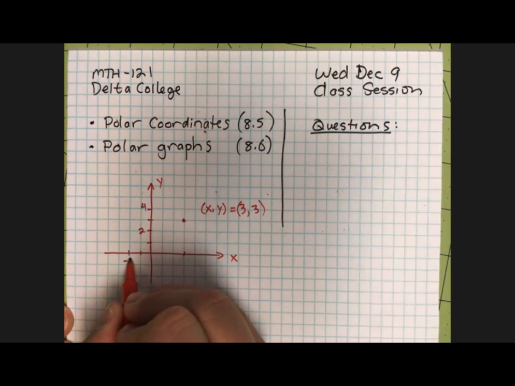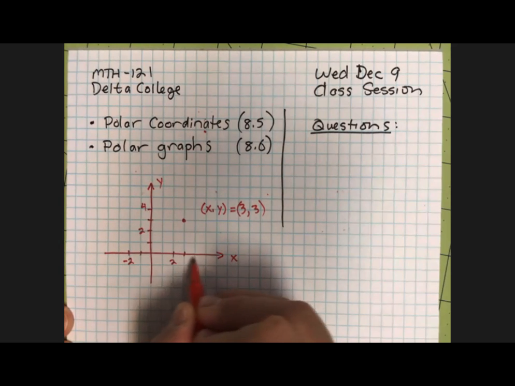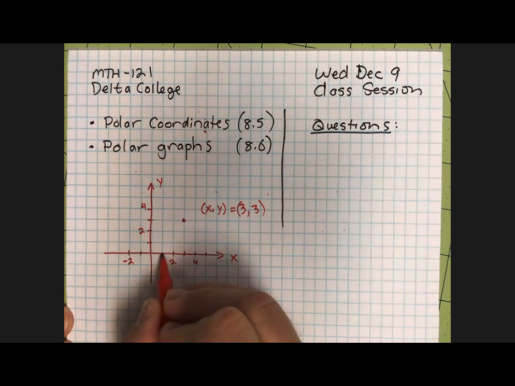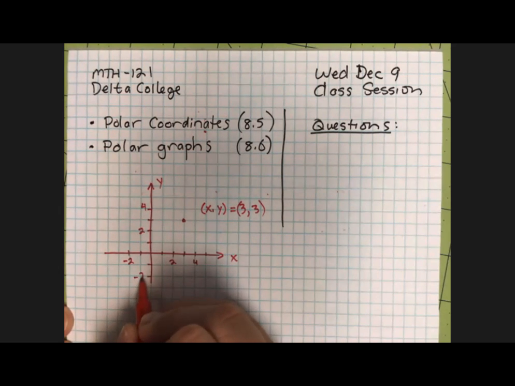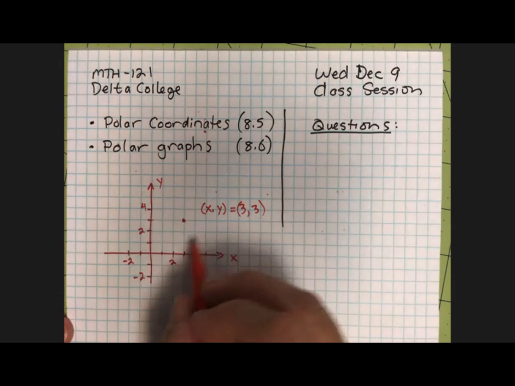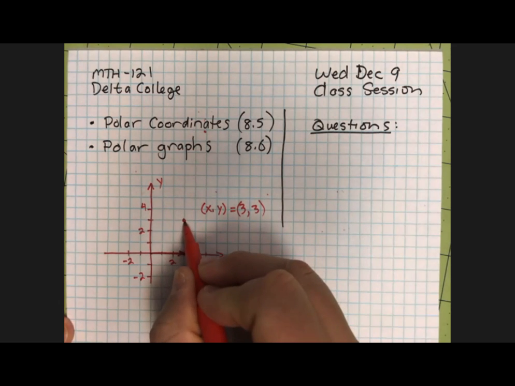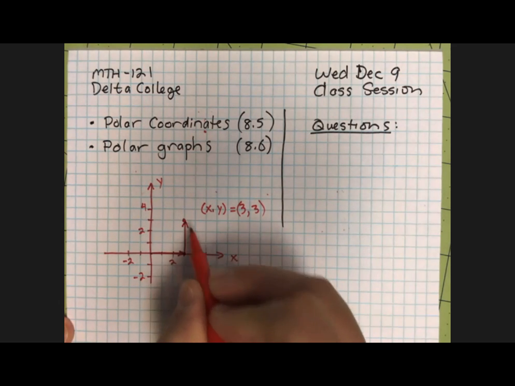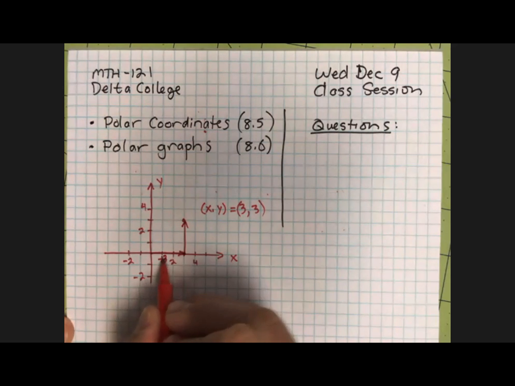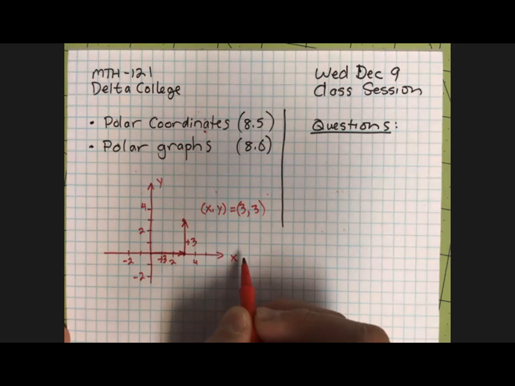So I'll toss a little scale on here. So I can think of that point as 3 units over, and 3 units up. That's a +3 and a +3.